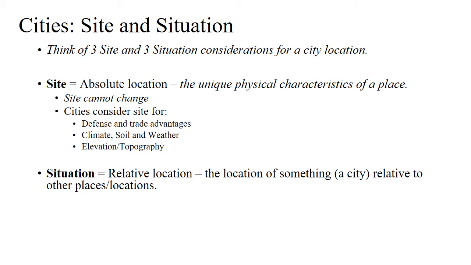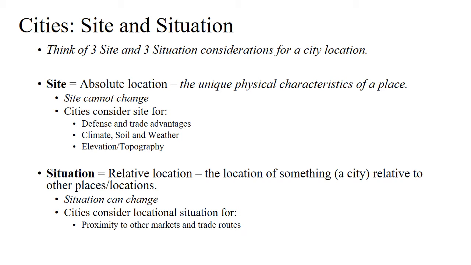Situation, once again, refers to your relative location, or where your city is relative to other cities and locations. And it's a little different in that it does change frequently over time, right? As cities become more or less important and so on. Situational considerations for a city could include its proximity, its nearness to other cities or markets and trade routes.